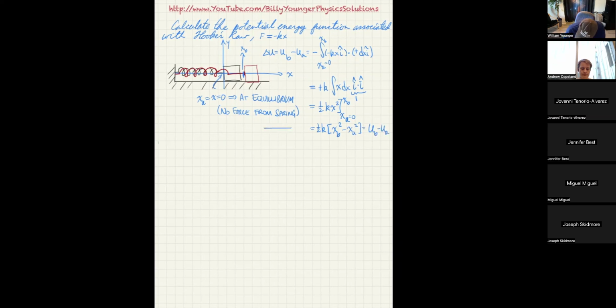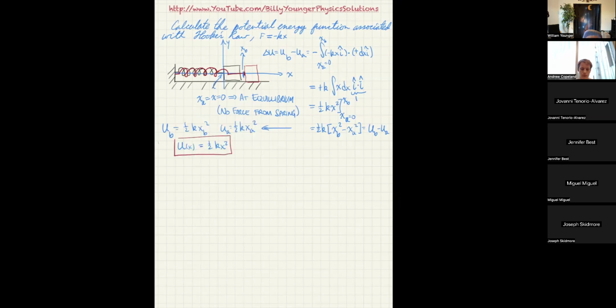So from that, we can reach the conclusion that ub is equal to 1/2 k xb squared, and ua is equal to 1/2 k xa squared. So we can see that u of x in general, where x is the distance from the equilibrium position of the spring, is equal to 1/2 k x squared.